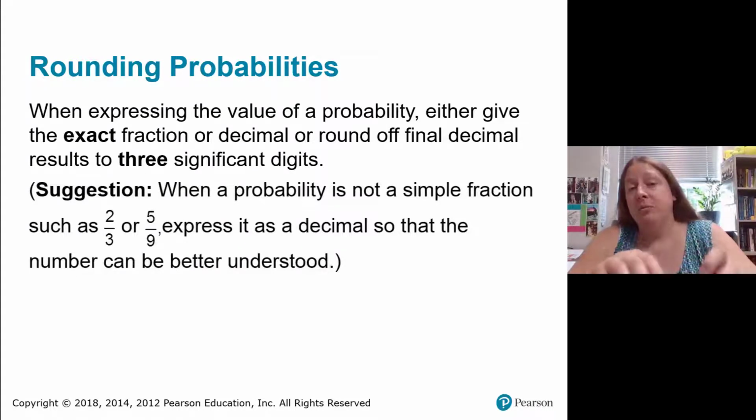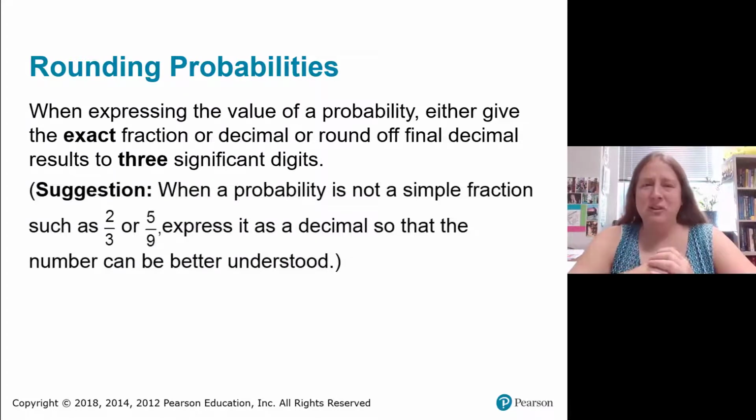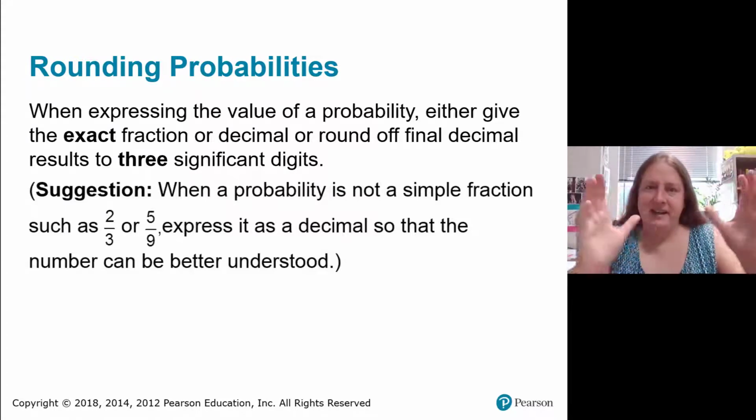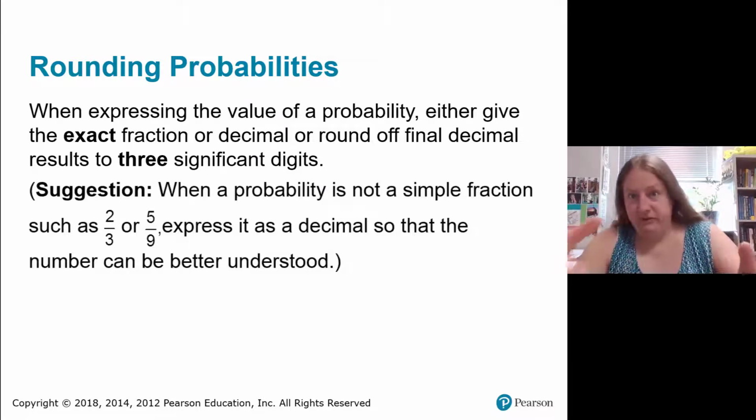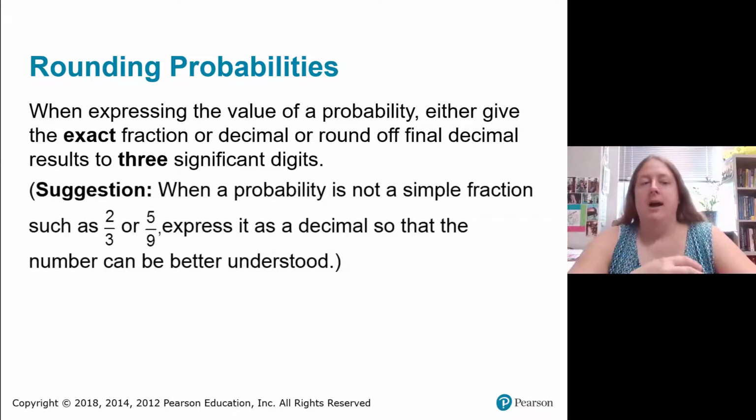So whenever a probability is in fraction form and you look at the fraction and you go, I don't really know how big that is, how close to 0 or 1 or like 50%, half, then you should probably put it in decimal form. All right. So we want it to be understood.